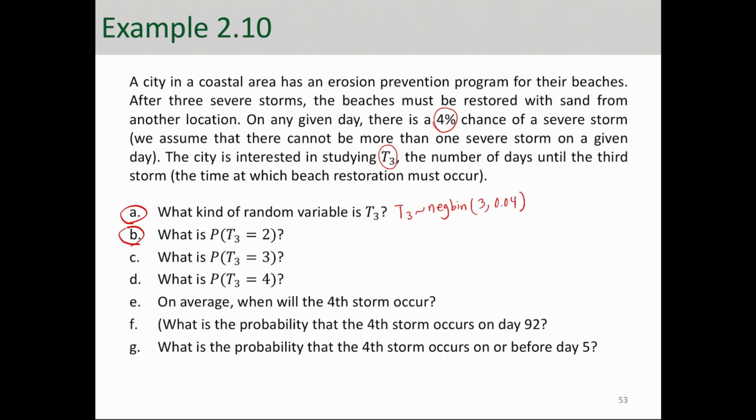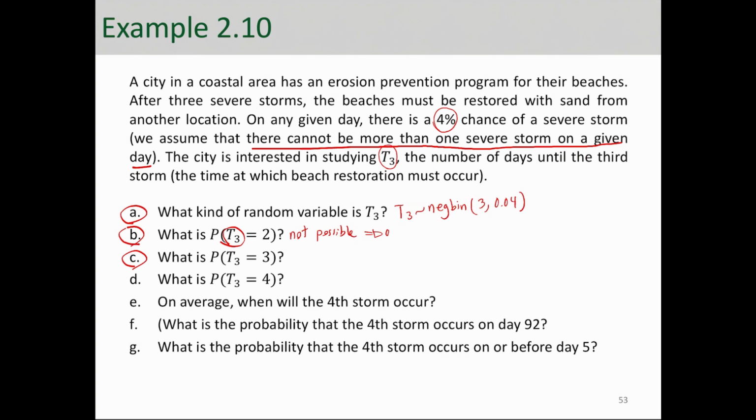Well, we know that the range of T3 really starts at 3. You cannot have 3 storms in 2 days, especially that there cannot be more than one severe storm on any given day. The minimum number of days that we need to have 3 storms is 3. So that's not possible. Essentially, that probability is equal to 0.